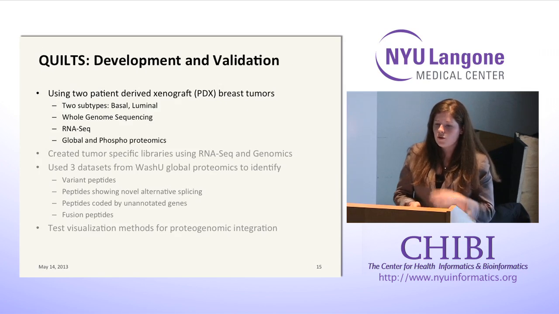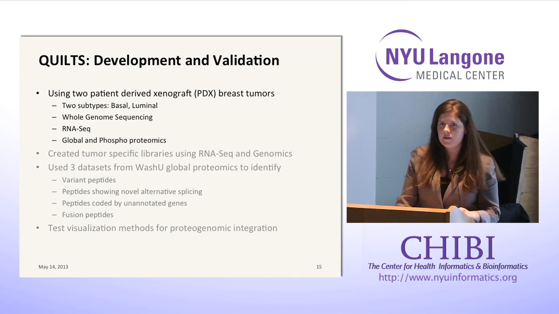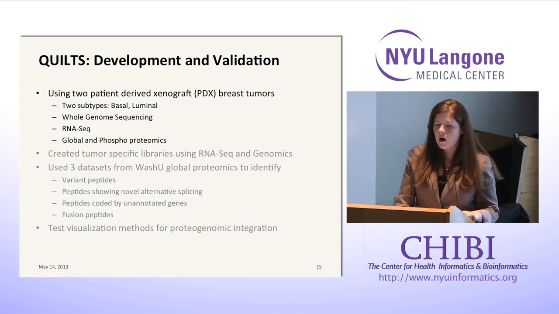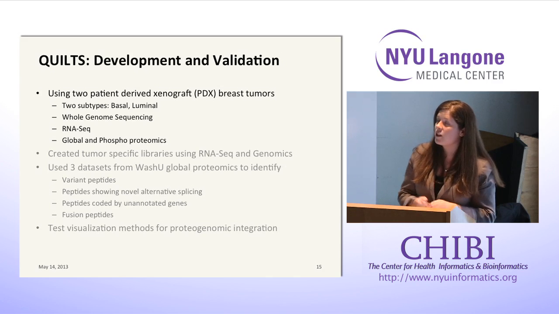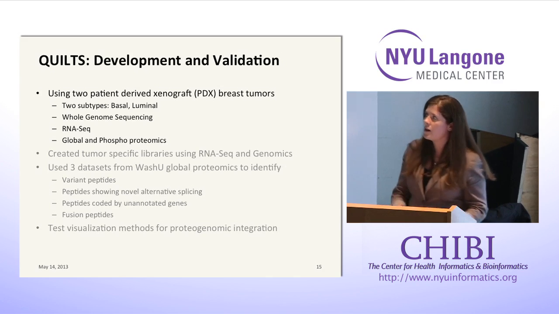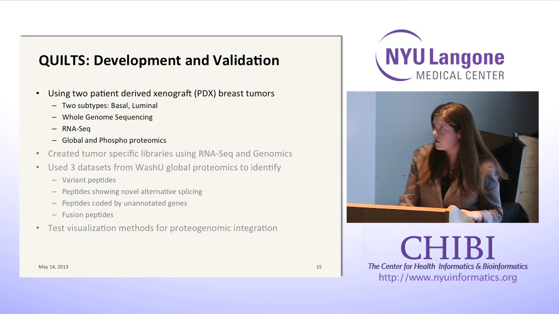So in order to validate our pipeline, we use 2 patient-derived xenograft breast tumors. They are from 2 different subtypes. They're basal and luminal. They've already done the whole genome sequencing, RNA sequencing, and the global and phosphoproteomics on these 2 tumors. So we have all this information.